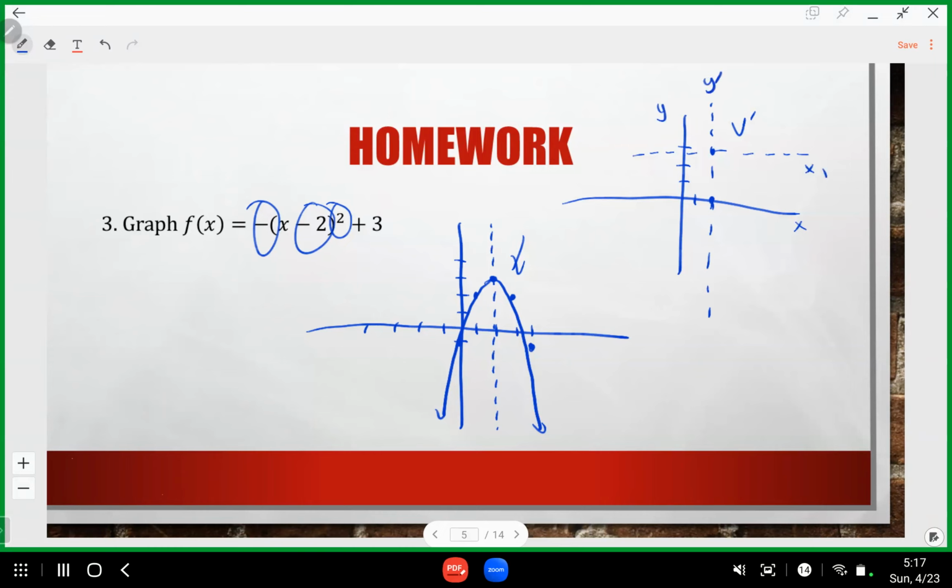Since these are all rigid transformations, meaning that they only affect location, but not the actual shape of the graph, the ratios are still the same. So as you can see here, how the graph works is still going to be the same. So we can just plot these points here.